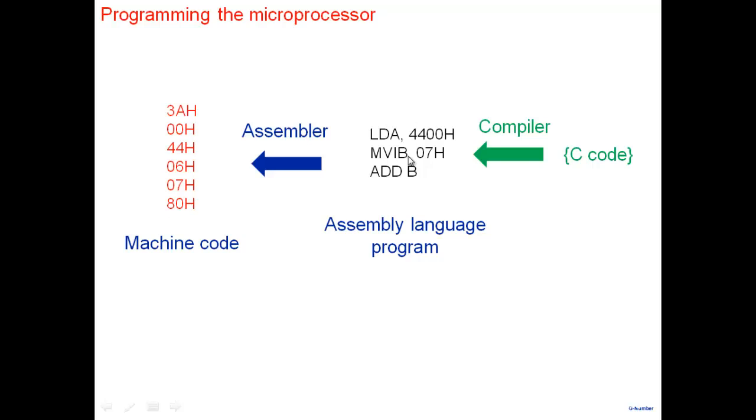So if you're trying to understand how a microprocessor executes instructions, assembly language is the place to work. Actually putting in the machine codes and remembering all that is too difficult, right? So if you want to understand a microprocessor, take one and do assembly language coding of different programs. Assembly language coding is a place where you get a feel for the microprocessor.